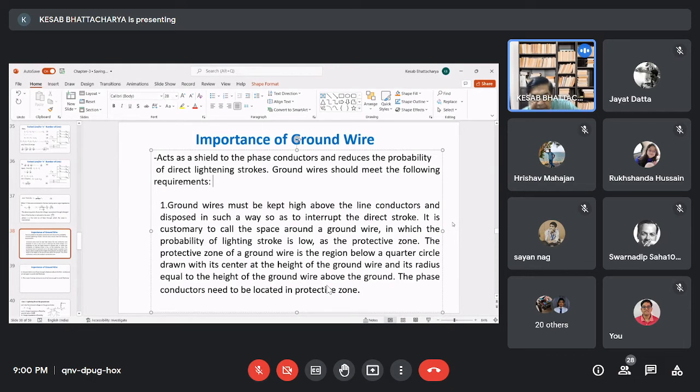The first point is this: the ground wires must be kept high above the line conductors and disposed in such a way as to intercept the direct stroke. It is customary to call the space around a ground wire in which the probability of lightning stroke is low as the protective zone.